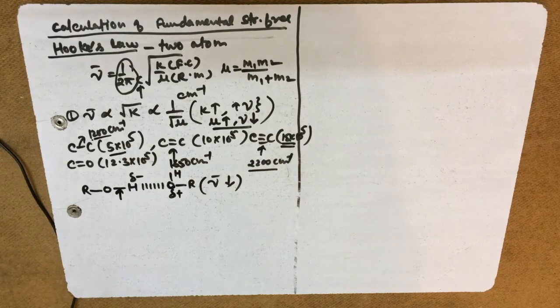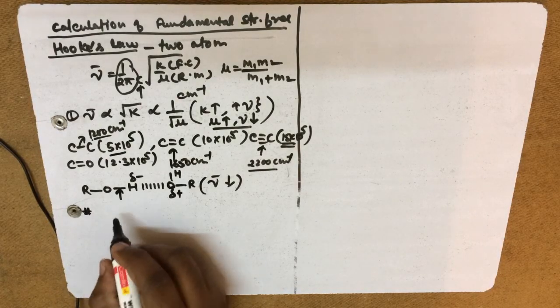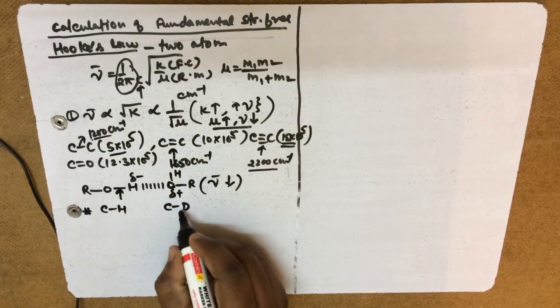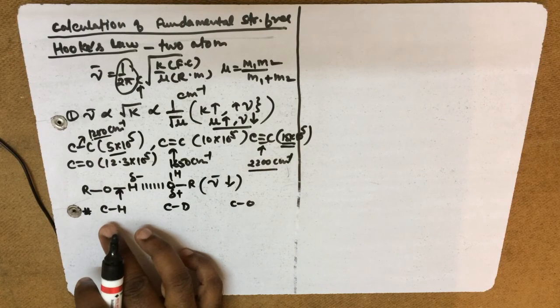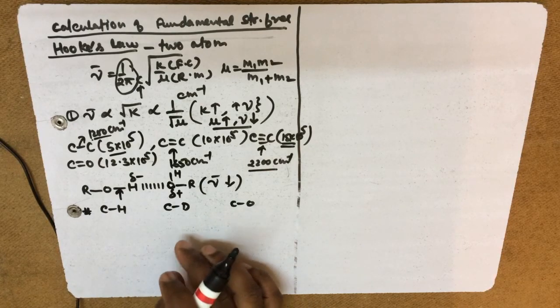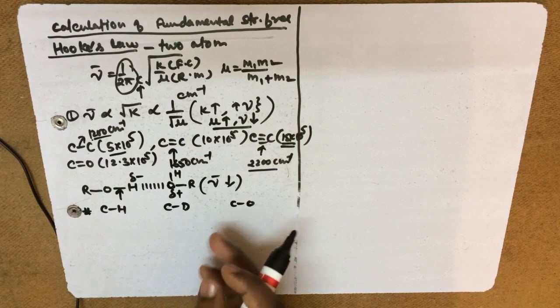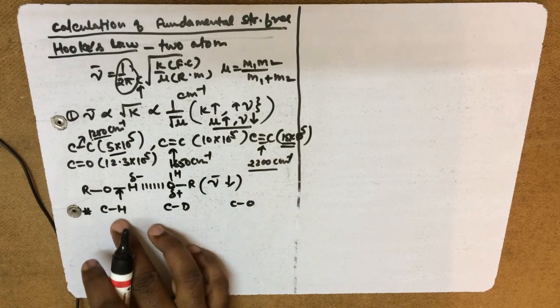Okay, so it's a very general idea. So if you see similarly CH and CD and CO, guess which bond will have the higher stretching frequency.